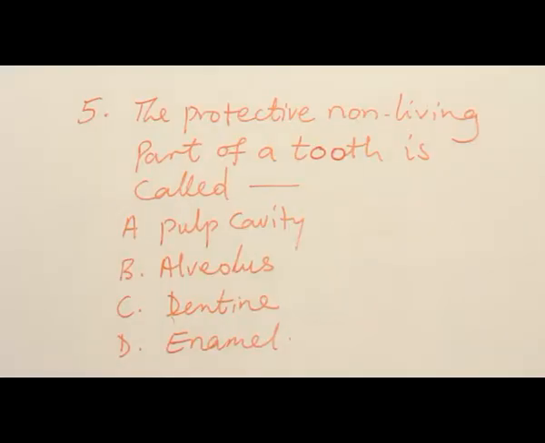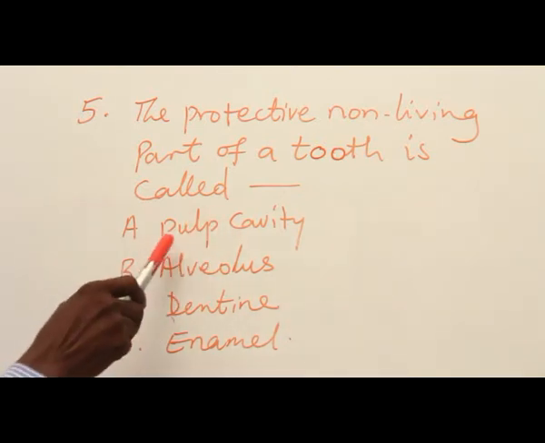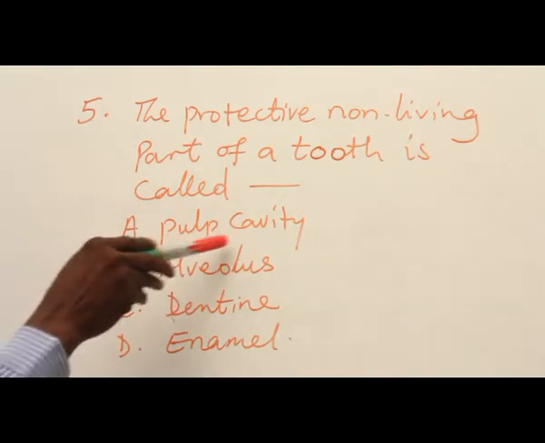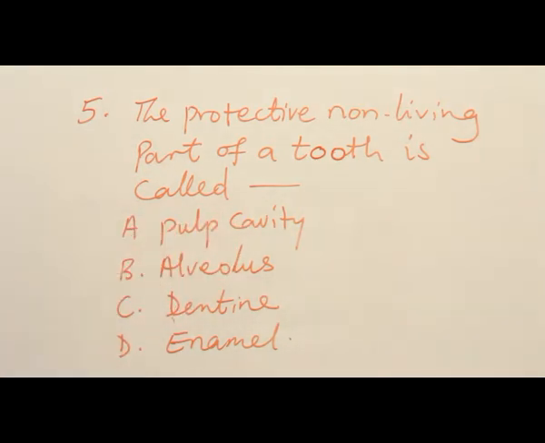Example 5. The protective non-living part of a tooth is called A. Pulp cavity, B. Alveolus, C. Dentine, and D. Enamel. Now, the pulp cavity is a cavity where the blood supply and nerves are situated in the tooth. That makes our tooth sensitive.